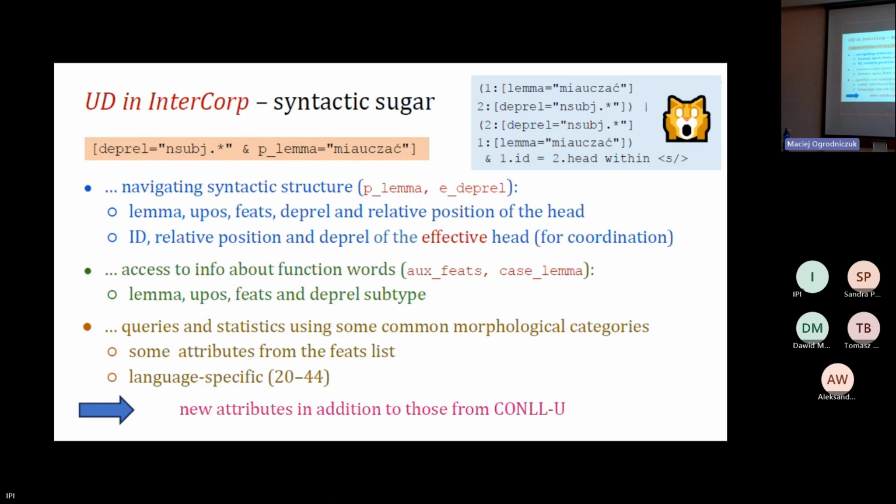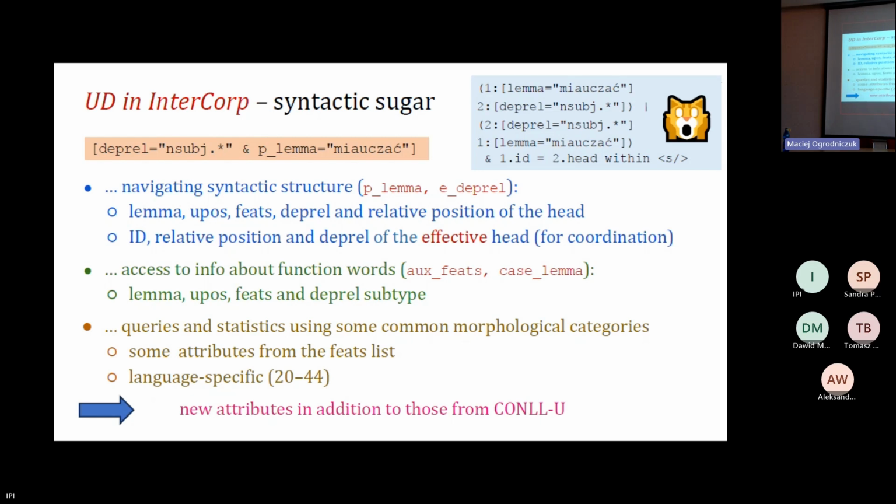And because you have these long attribute value pairs as the value of the attribute feats, and maybe you would like to use something very often, like number, case, gender, and so on, some of these are also extracted.